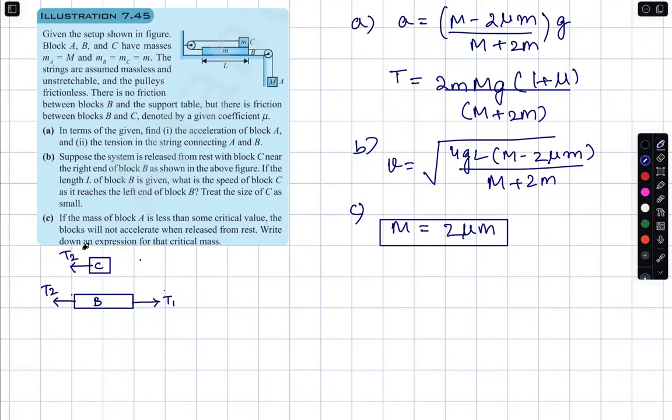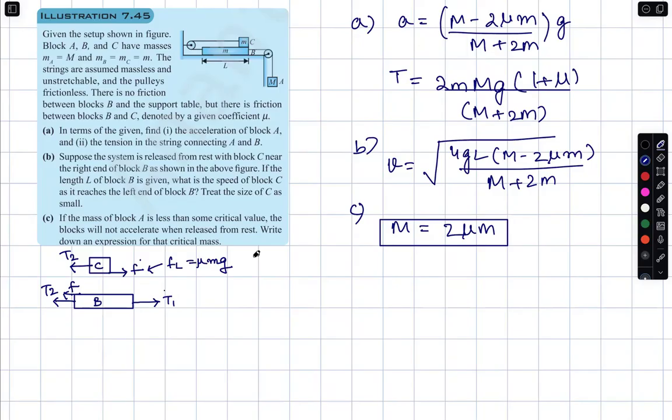Obviously, for A to move down, the only possibility is C to move leftwards. So on C, what is the direction of friction? F. So on B, what is the direction of friction? What is the limiting value of this friction?